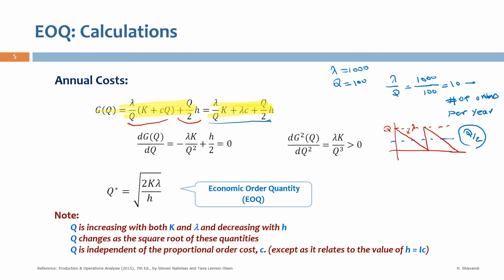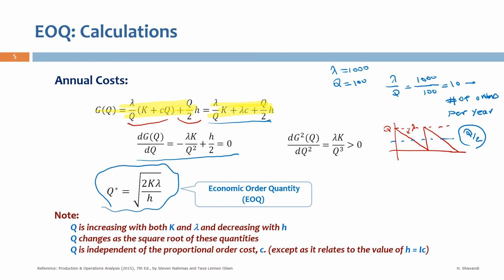cost function. In order to minimize this in terms of Q, I mean, our variable here is Q, the ordering size, we need to take the first derivative of this cost function with respect to Q. Then setting that to be 0, we can obtain the value for Q, which will be this.